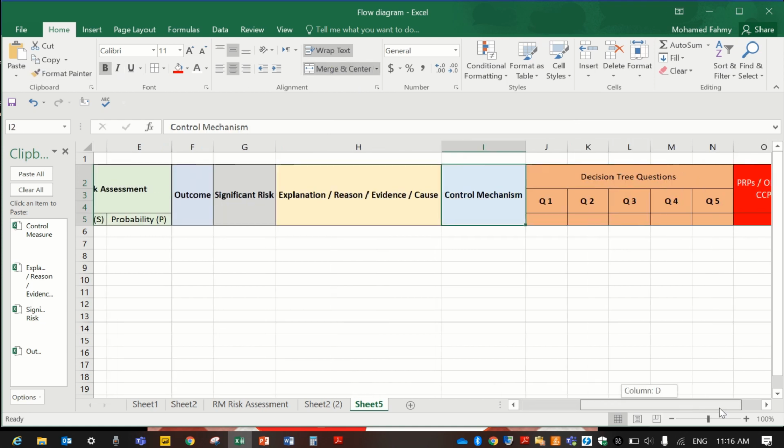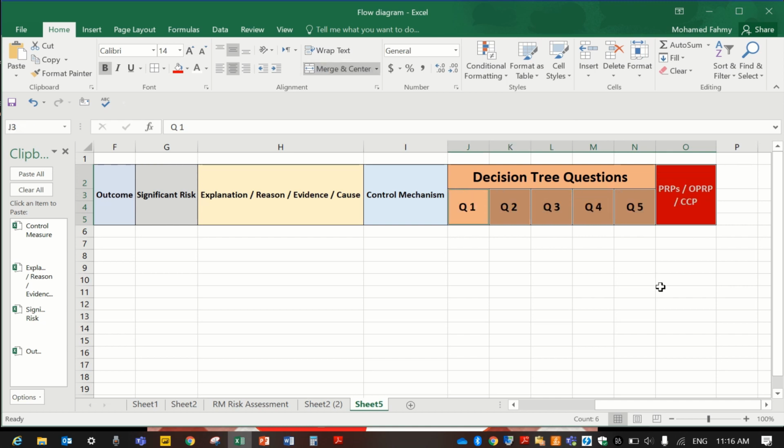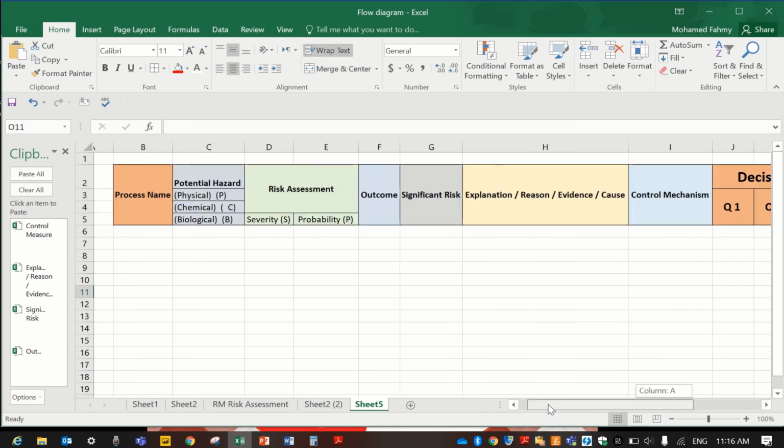I'm just making examples, okay? In our HACCP plan, it is just an example and just brainstorming. Just merge all the cells, Control S. Now we'll continue.